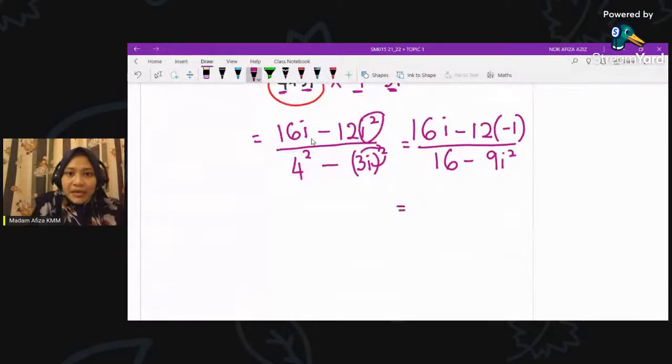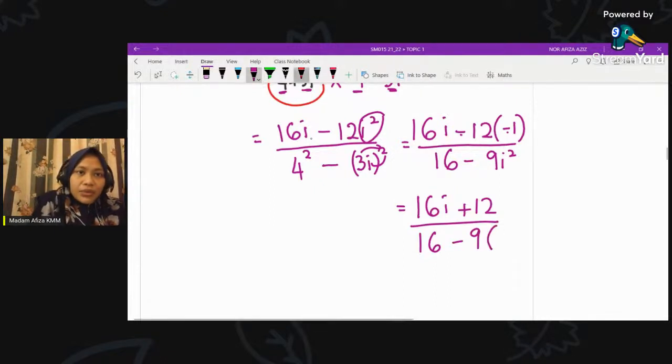Next, we will continue. So we have 16i plus 12, right? Negative, negative becomes positive. And then over 16 minus 9. And here we have i squared, which means we need to write it as equal to negative 1.